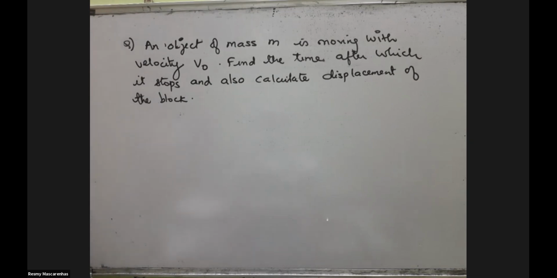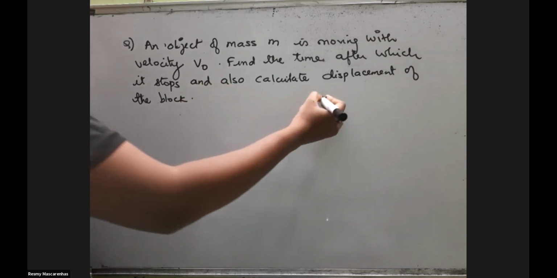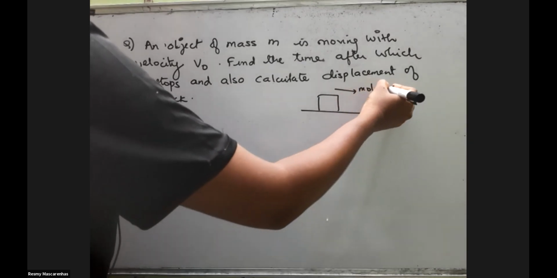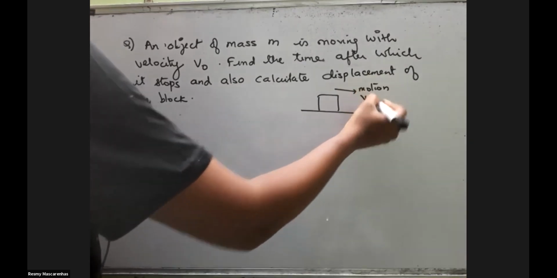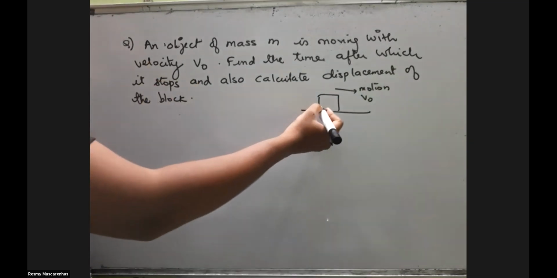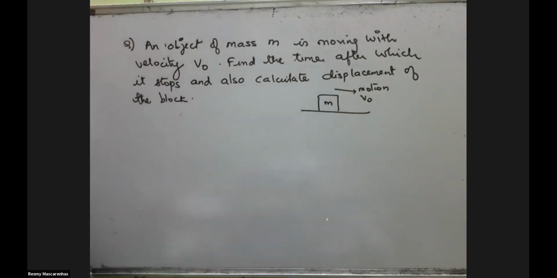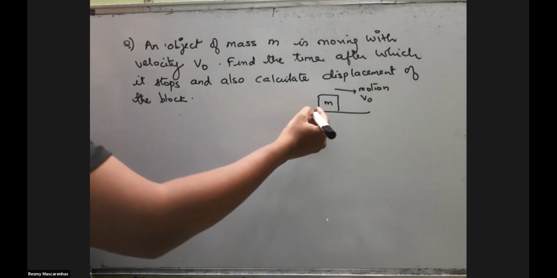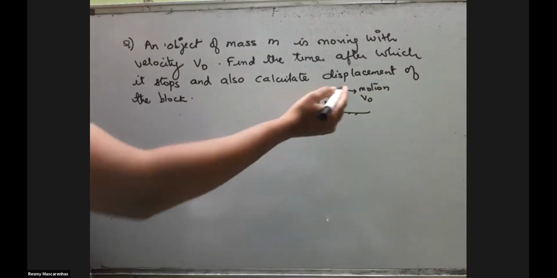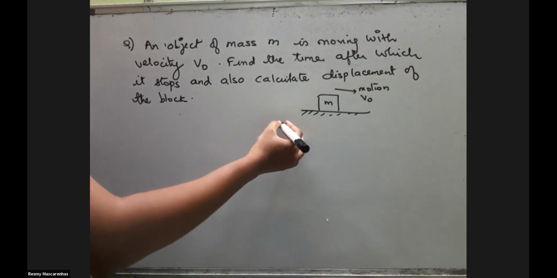An object of mass m is moving with a velocity v naught. So it's like you're having a block which is already moving. So it is in motion with velocity v naught. Obviously, if the block is in motion, which friction will come into picture?